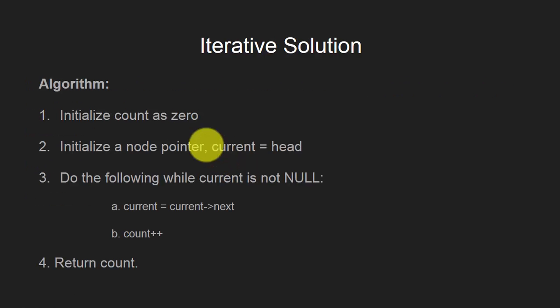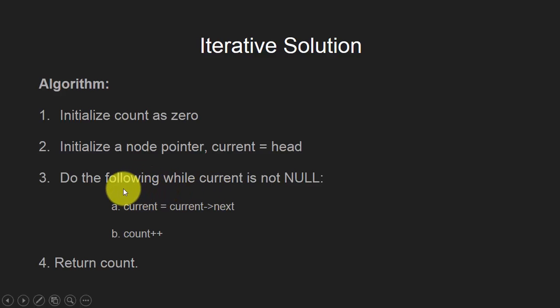Let us now look at the algorithm to do this in the iterative way. According to this algorithm, we have to first initialize a variable count to 0 and a pointer to point to the head node. Then we will check whether this pointer is null or not.